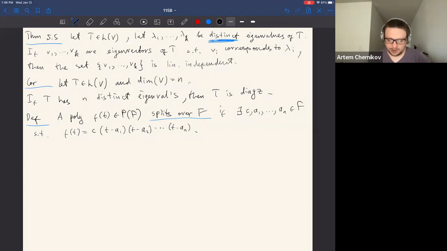Of course, this depends on the field F. Remember, for example, every polynomial over the field of complex numbers splits, but not every polynomial over the field of reals splits.